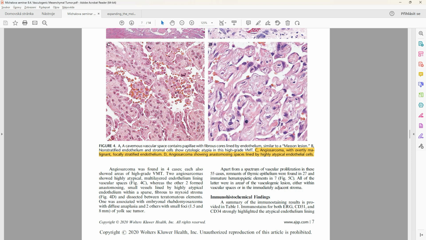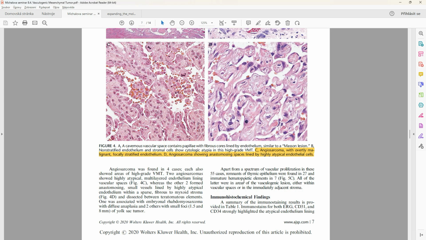The reason is that yolk sac tumor has an ability to create vasculogenic stroma. The sarcomatoid yolk sac tumor is the tumor where the stroma predominates, and this vasculogenic mesenchymal tumor is the tumor where the vasculogenic, luminal, endothelial component predominates.